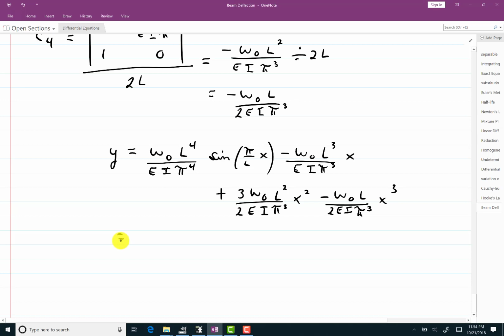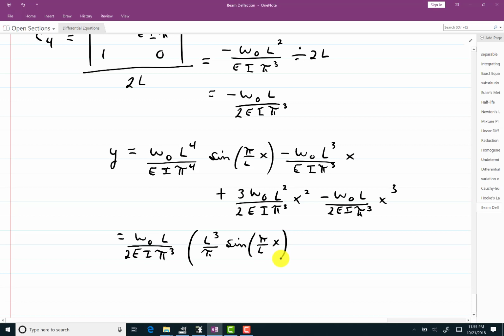So let's factor out a W naught. Let's factor out, how much L do I have? The most I have is just 1 L. I have an EI attached to everything. Actually, if I factor out a 2 down below, that'll just make 2's up here. So let me go ahead and do that. There's a pi cubed attached to everything. And what are we going to be left with when I take all that stuff out? I'll be left with an L cubed over pi times sine of pi over L x.